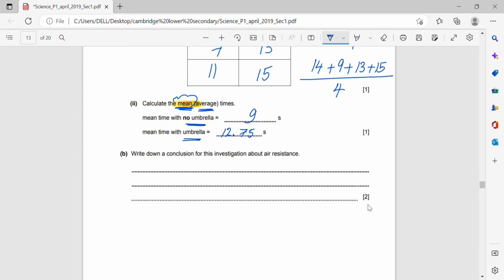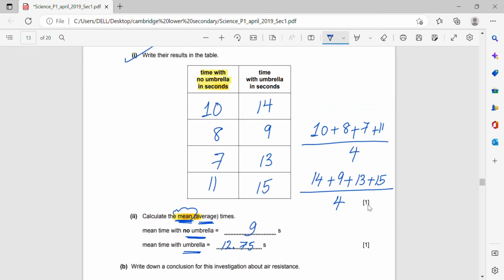Write down a conclusion from this investigation about air resistance. Okay, let's look at the conclusion from this table. What happened? Here with no umbrella, here with umbrella. If we look at the values, we find that with the umbrella I had more time to run.